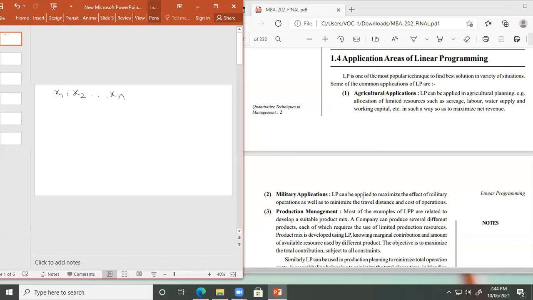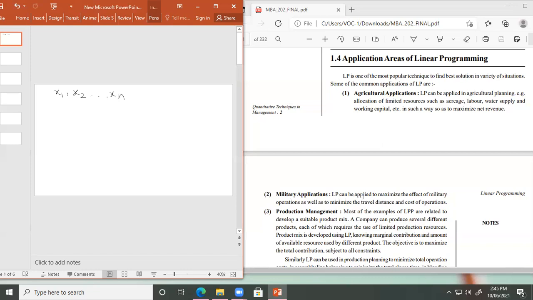Most of the examples of LPP are related to developing a suitable product mix. A company can produce several different products, each of which requires the use of limited production resources. Okay, so the product mix is developed using linear programming, given the marginal contribution and amount of available resources used by different products.